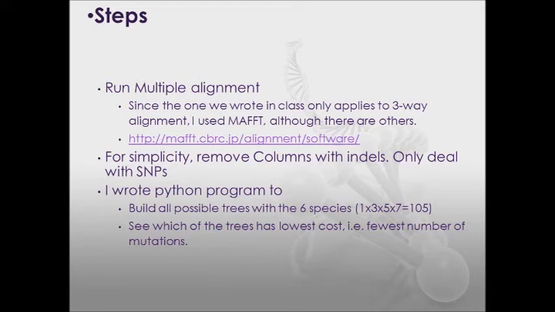Of those trees, I count how many mutations would be needed to build that tree. The one that has the lowest cost will be the most probable tree between the 6 species, and that's what will be the most probable evolutionary tree of the apes.